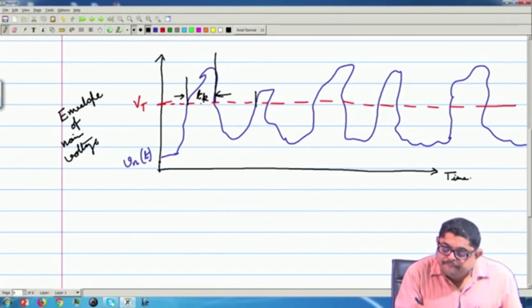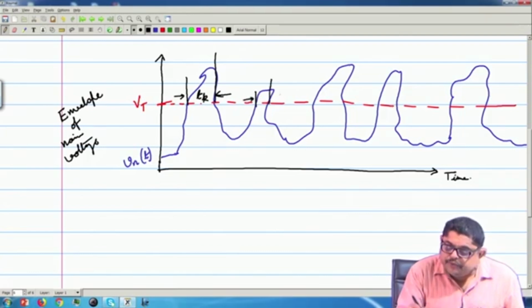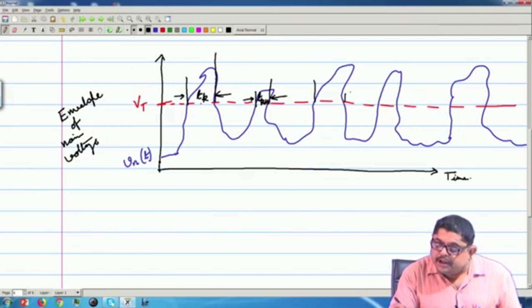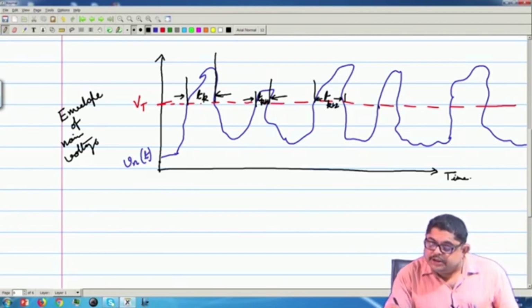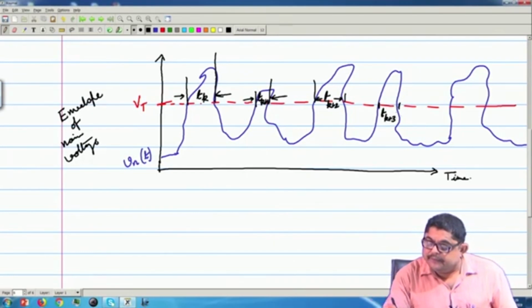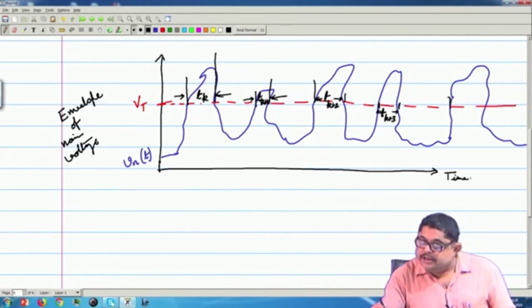Here again I notice how long it is there. So, this time I am calling t k plus 1, this time t k plus 2, this time t k plus 3, this time t k plus 4.